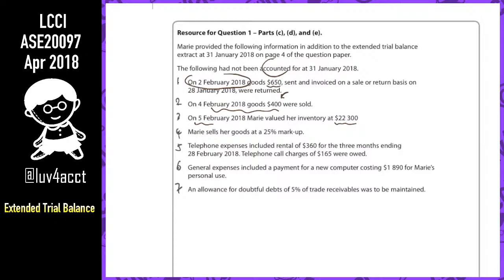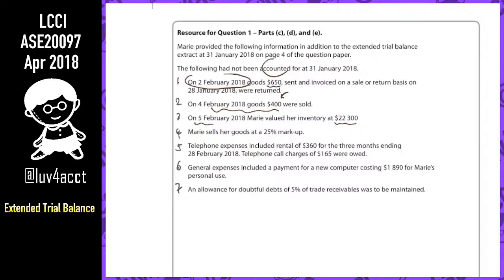Then this 650 should have no effect, because the goods were returned to you, then you have counted. Then there should be no effect on inventory.